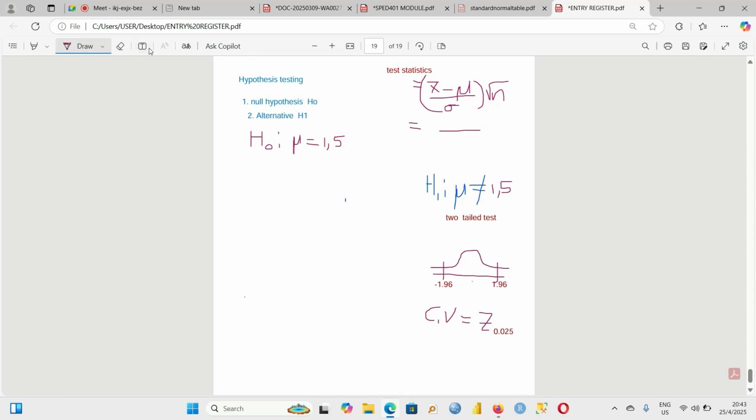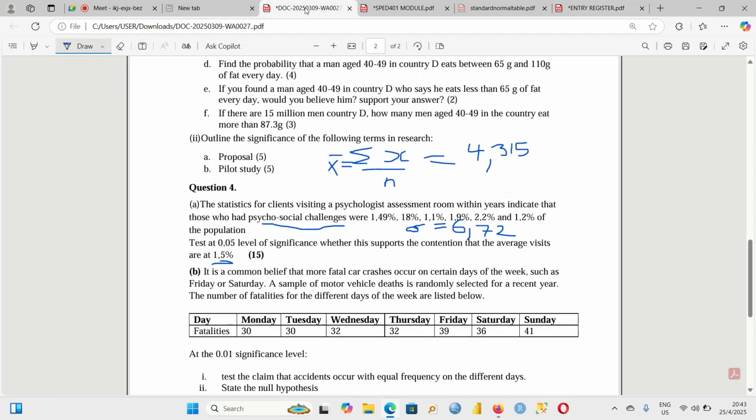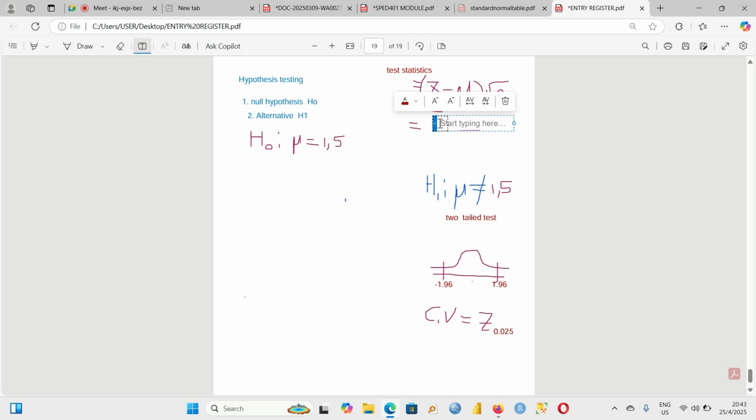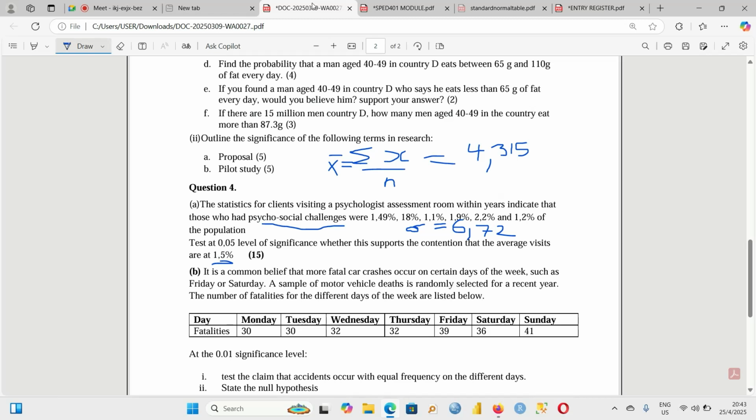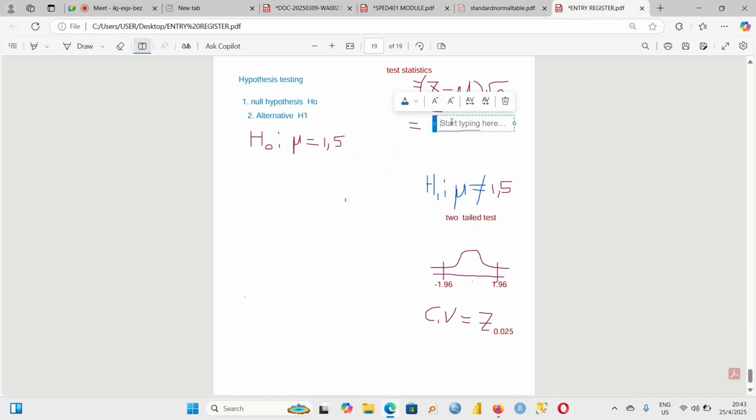X bar we found is 4.315. Mu is 1.5, since we are testing whether it is 1.5.